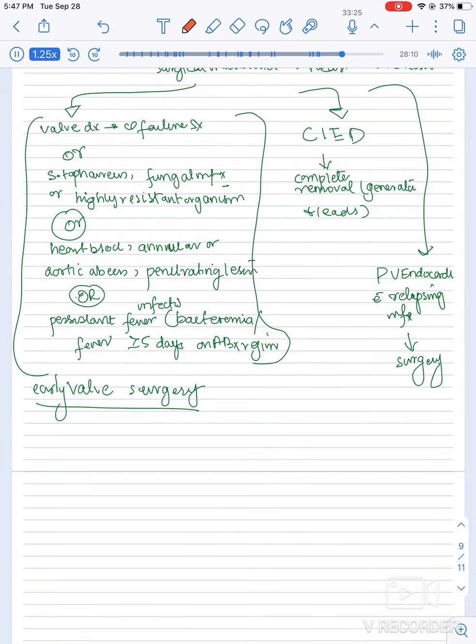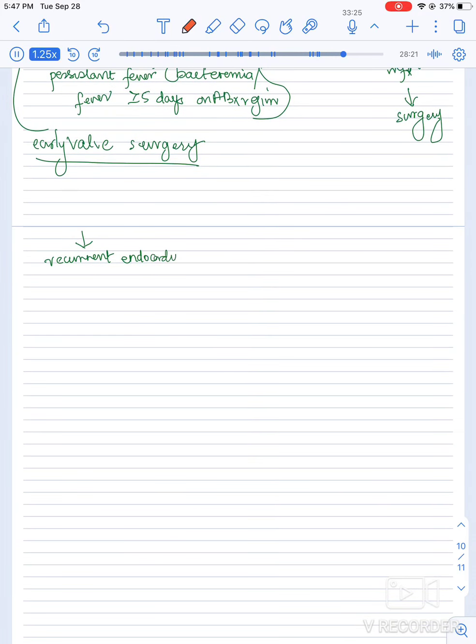Other class 1 indications: if the patients have recurrent endocarditis with continued IV drug abuse, then in these patients, one should have the ethics team involved, so a consultation for discussing the long-term prognosis should be considered before repeating surgical intervention.